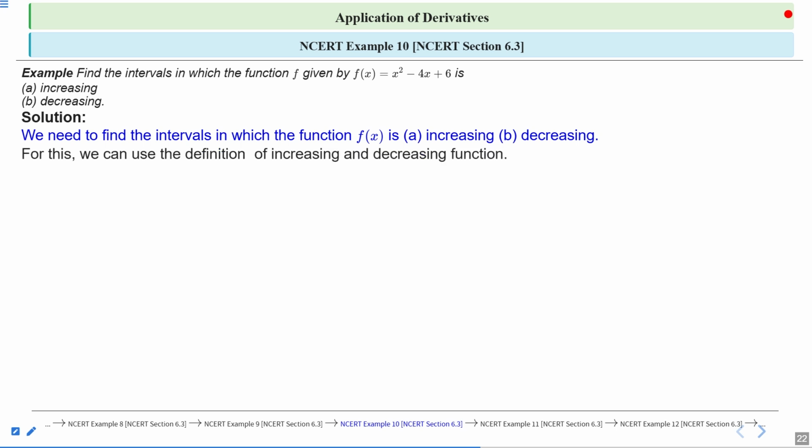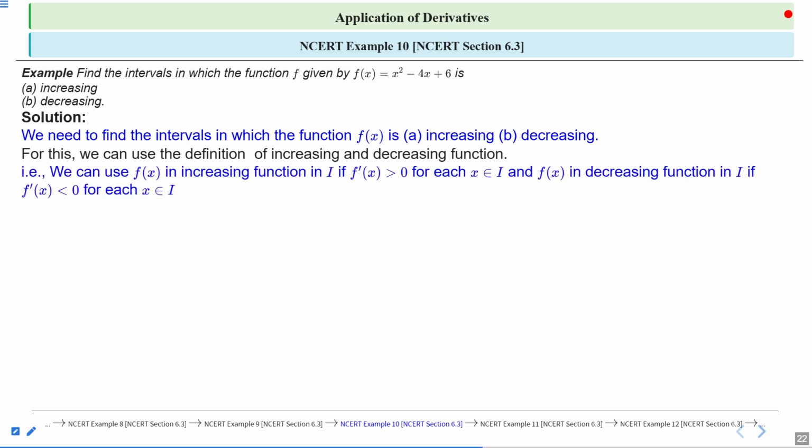Then what can we do? For this, we can use the definition of increasing and decreasing function.